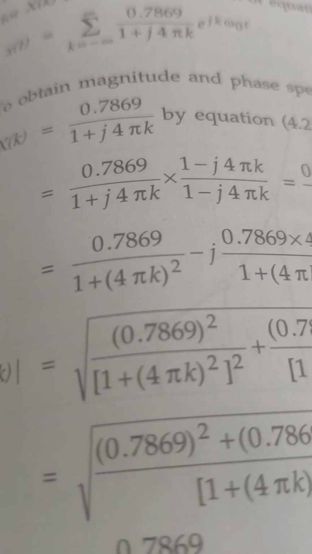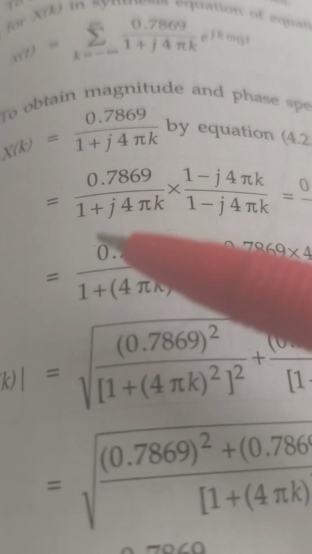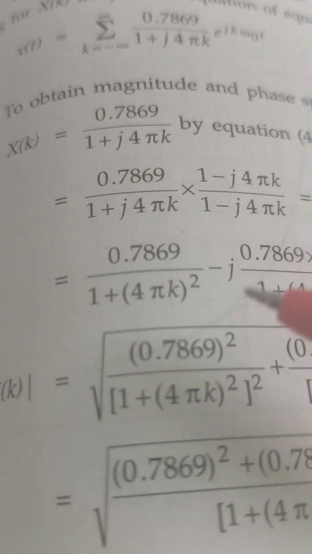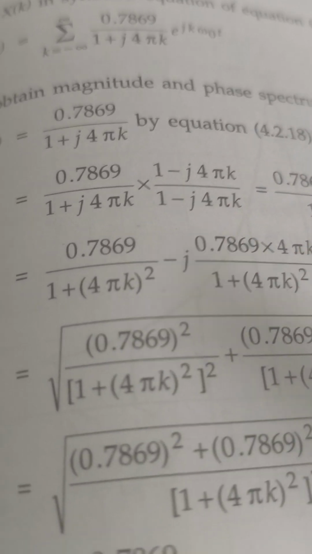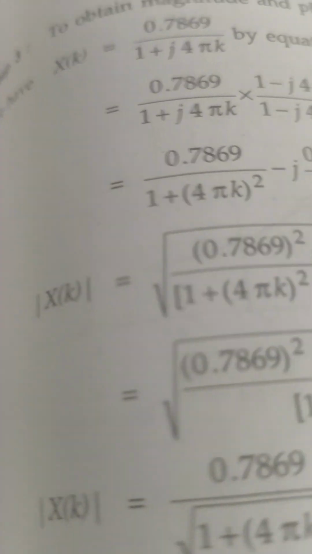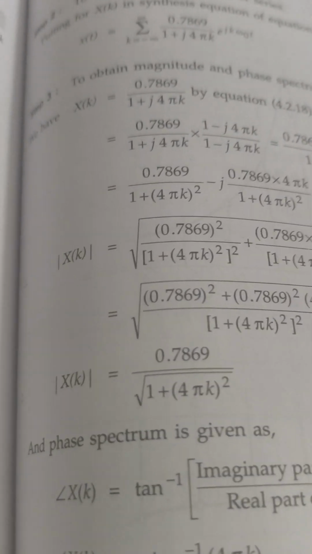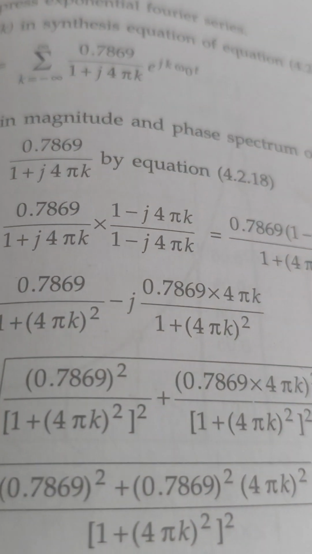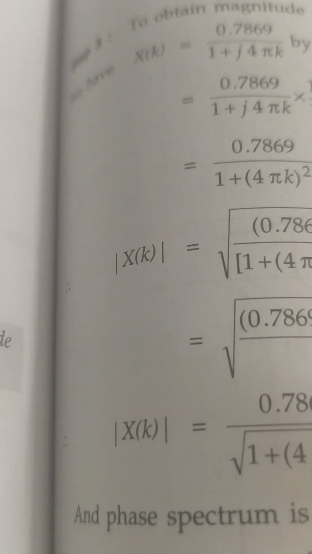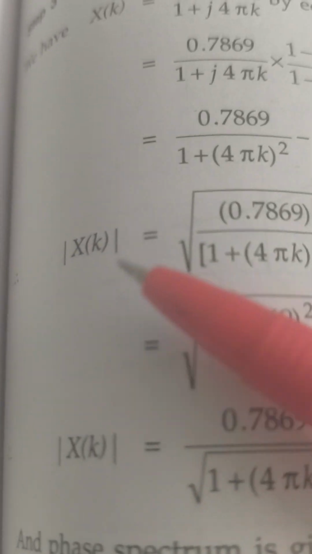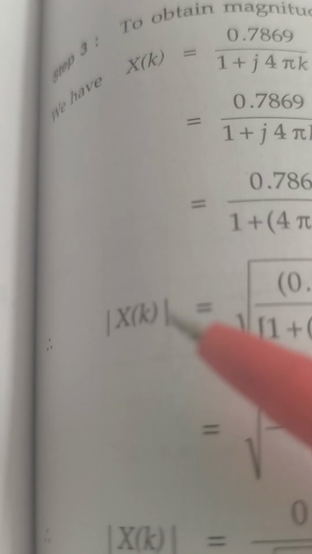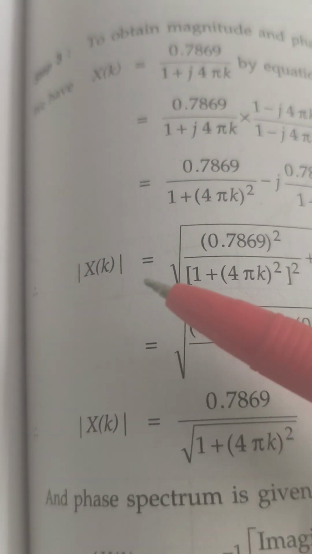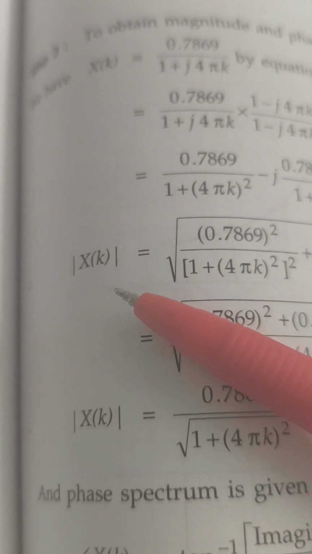In this equation, we will consider this as the real part, and the minus j part as the imaginary part. Then from that we will find the magnitude of X of k, written as modulus of X of k.